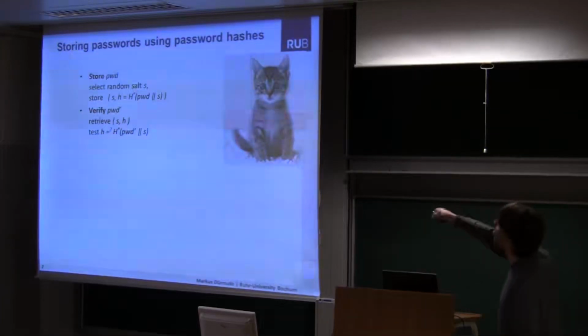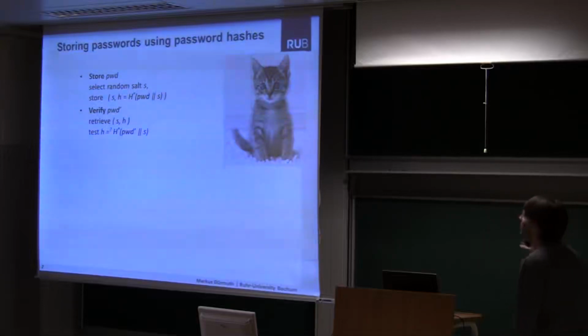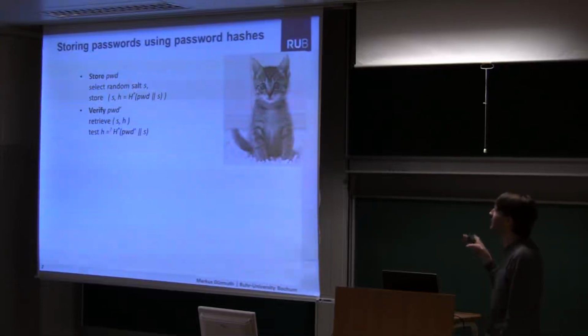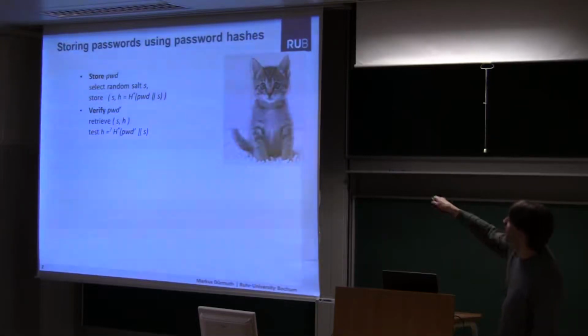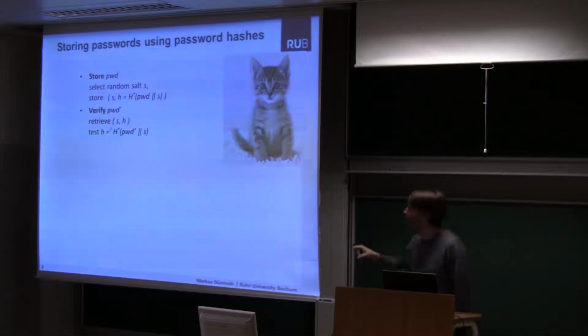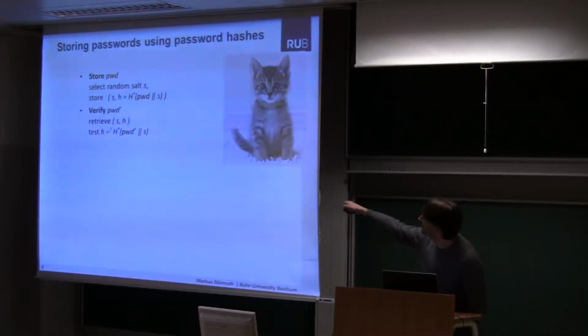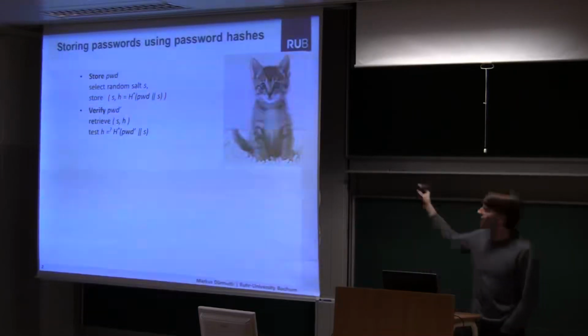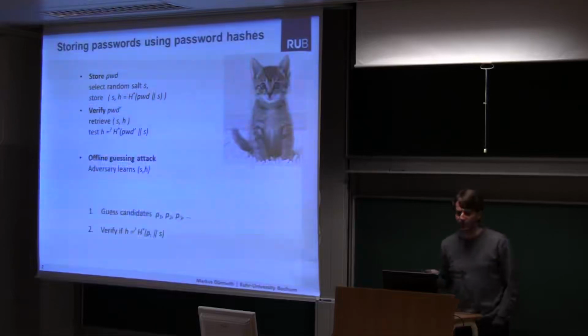You are computing some hash function h star, which can be a hash function, can be an iterated hash function, can be something else. It will be something else in the sequel. And then you're storing S and H on the hard disk. To verify, you are just recomputing the value H given the value S that you're retrieving from the file, and then you test if the stored H is equal to the H that you recomputed.